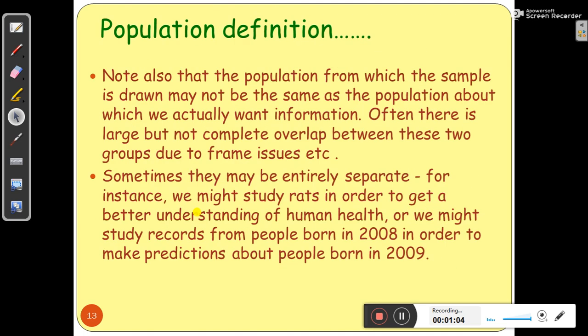So population definition is that the population from which the sample is drawn may not be the same as the population about which we actually want information.